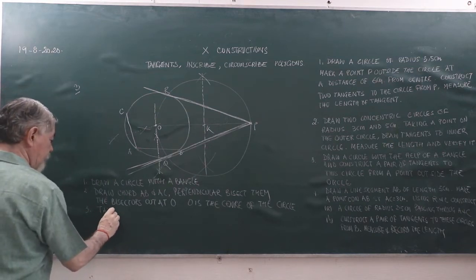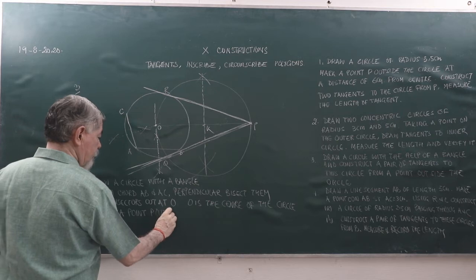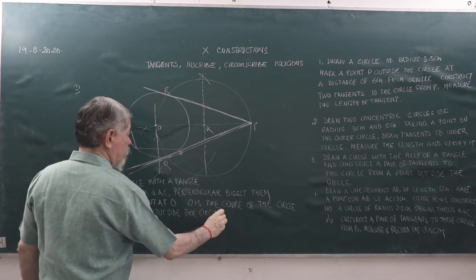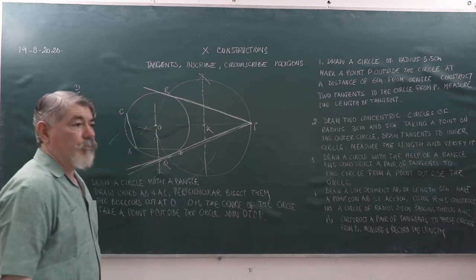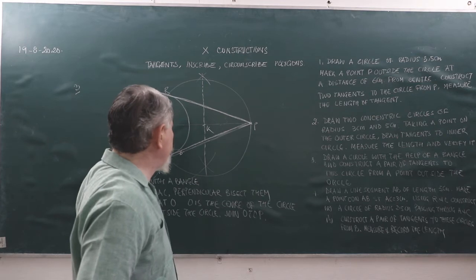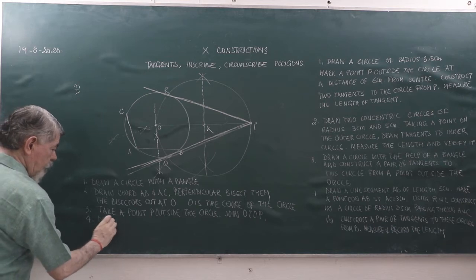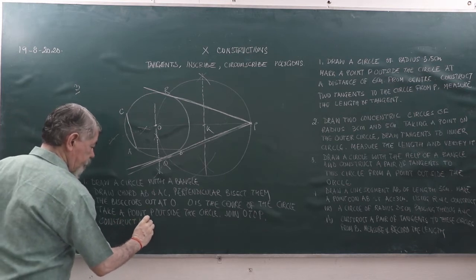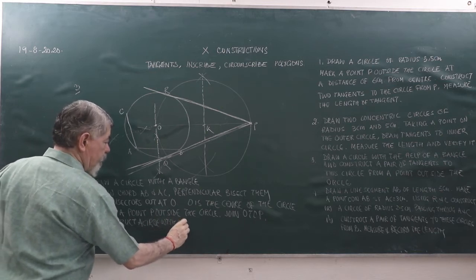Take a circle with center O, take a point P outside the circle, and join O to P. Construct a circle with OP as diameter.